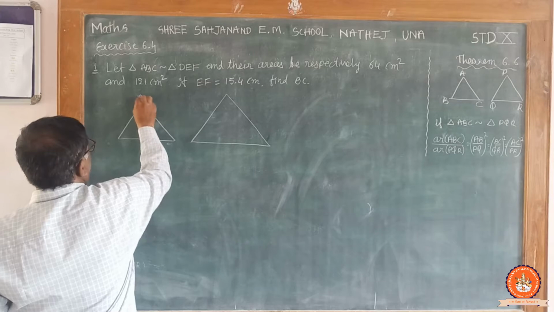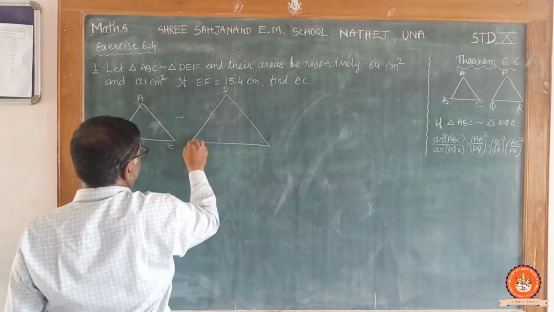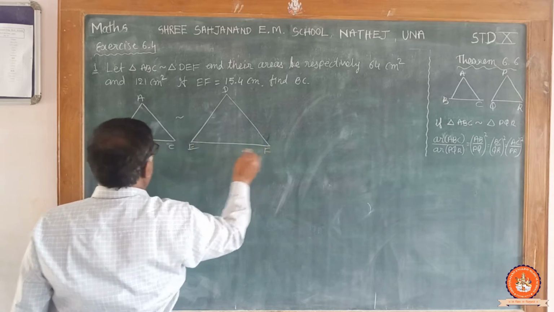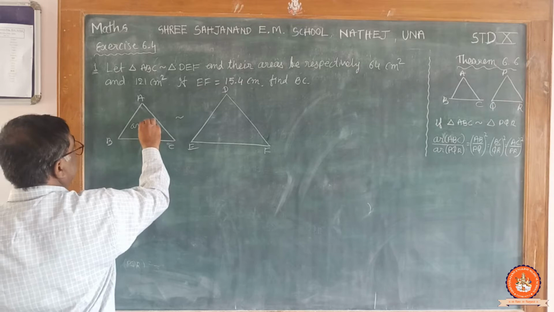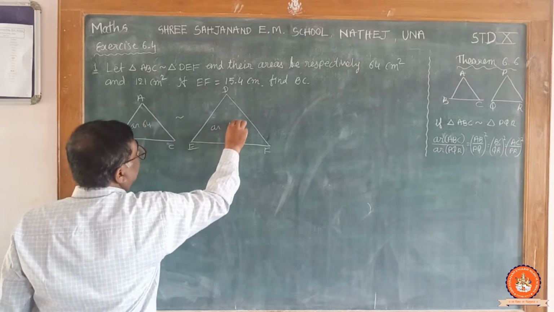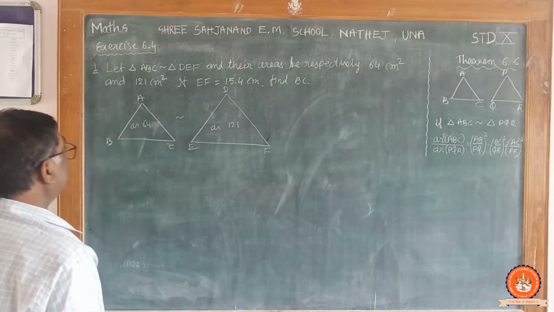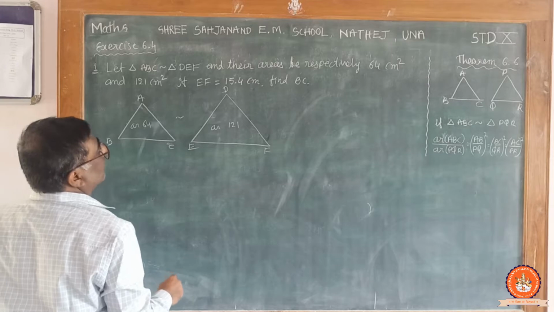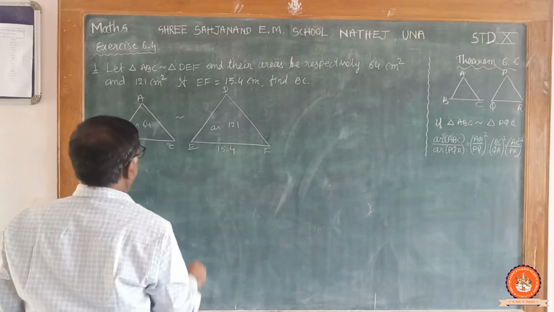Okay, ABC similar to triangle DEF. Its area is 64 centimeter square and area of DEF is 121 centimeter square. If EF is equal to 15.4 centimeter, find BC.